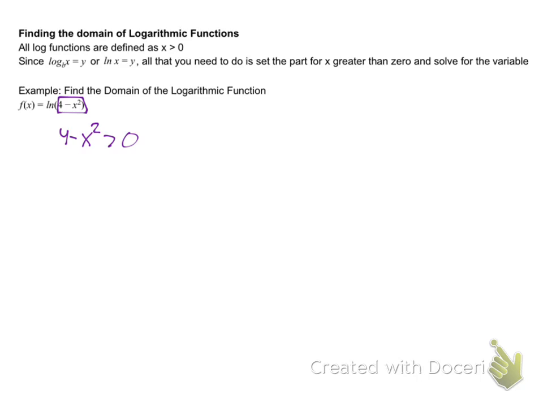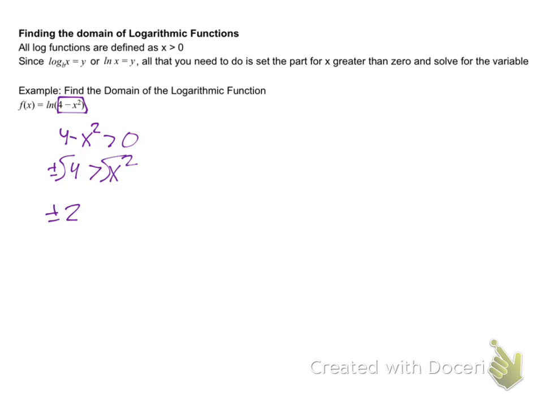I think everybody should agree that I'll add x squared to both sides. So I'll get 4 is greater than x squared. And then take the square root, plus or minus. So I'll get plus or minus 2.